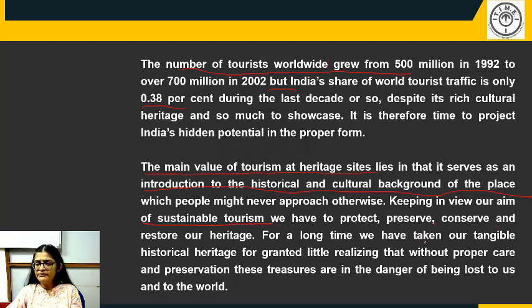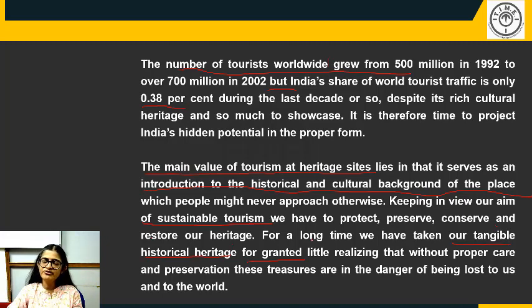For a long time, we have taken our tangible historical heritage for granted. Tangible means something you can feel and see. So we are speaking of our monuments, our heritage sites, etc. We have taken this tangible heritage for granted. To take for granted means to not take it seriously, to ignore. Okay? To say, it is there, we don't have to worry about it.